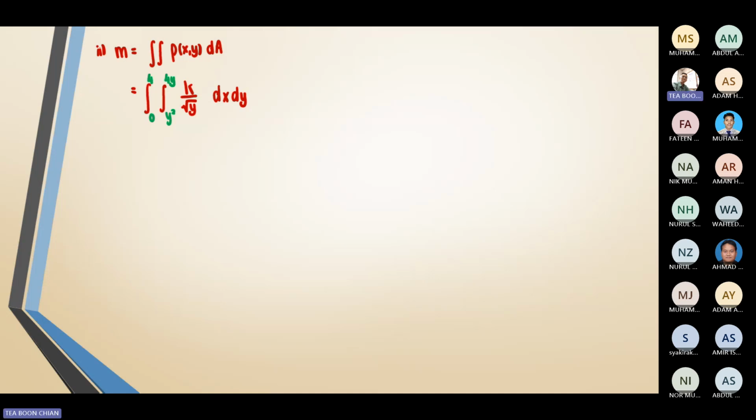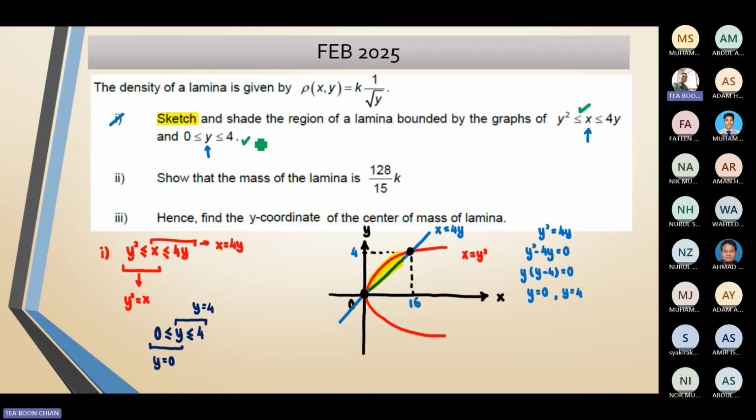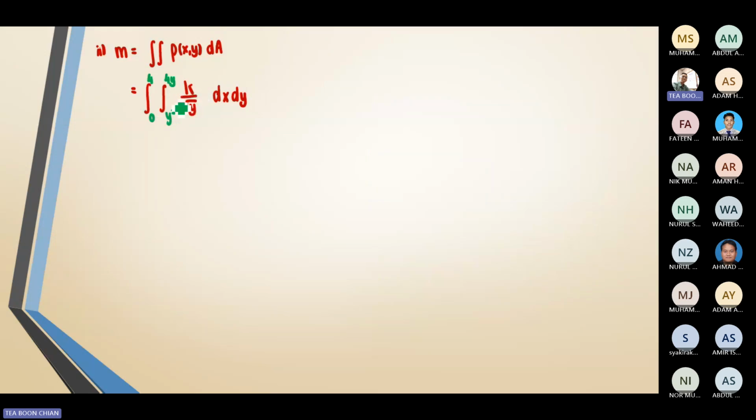If you cannot visualize it, both of these are like a UV transformation. You already have the interval for x and the interval for y, then simply plug it into the double integral. Whichever is the function, you must integrate it first. So that's why I put dx inside, because x is bounded by y squared and 4y.